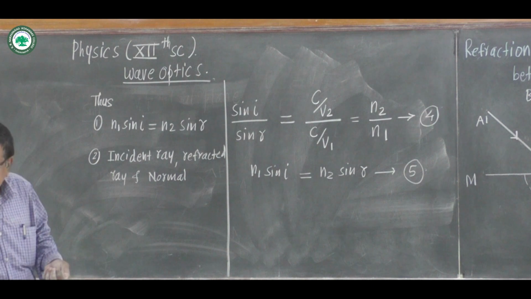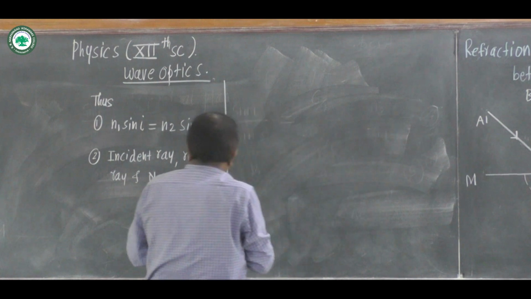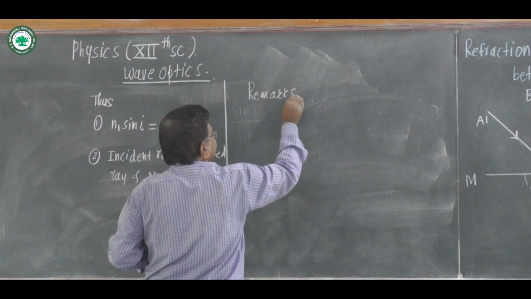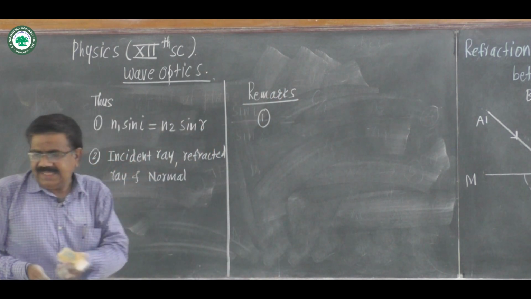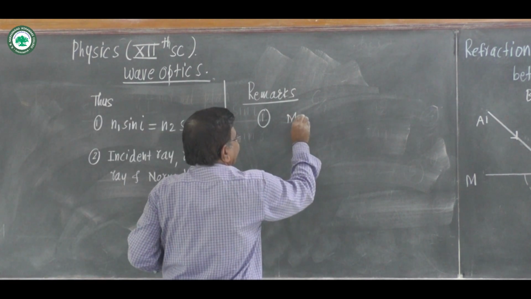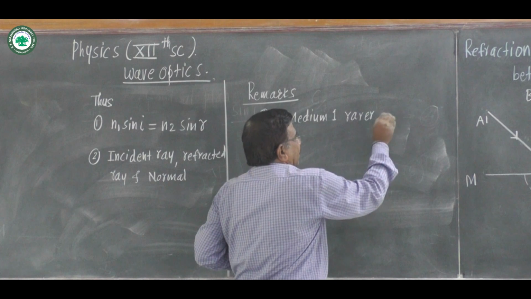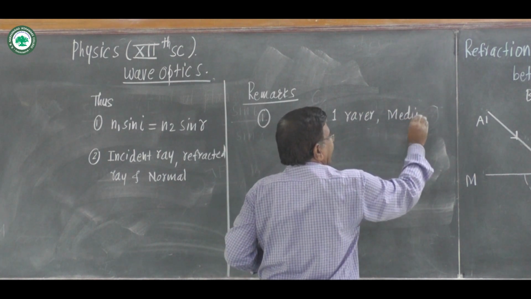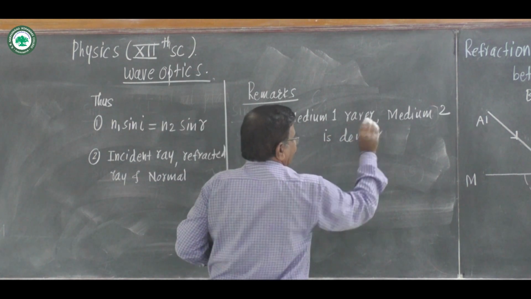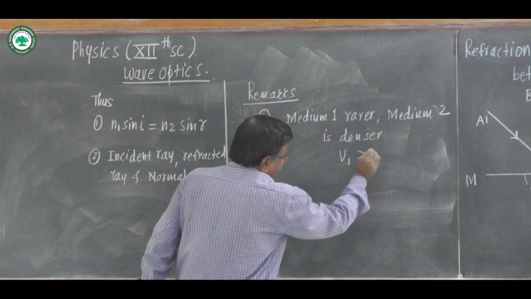Now from these equations we write some remarks. First remark is, if medium 1 is rarer and medium 2 is denser, then V1 is greater than V2.